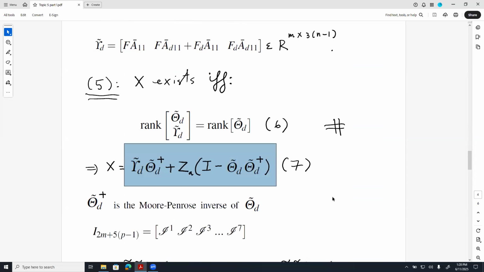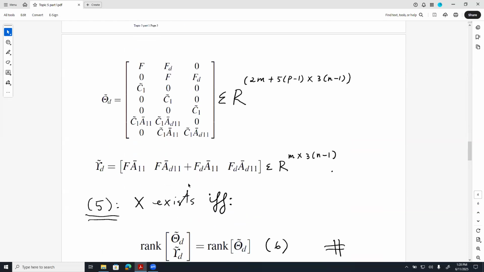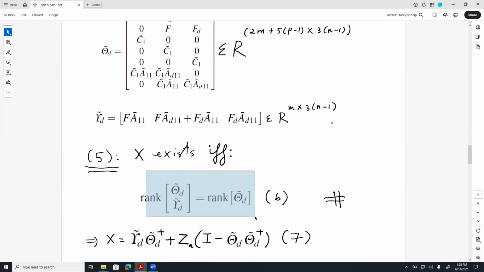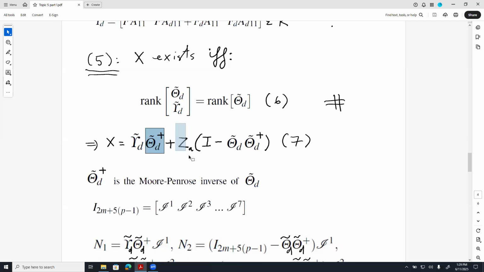You find this very commonly in works on functional observers. When solving this matrix equation, if the condition is satisfied, which is this one here, the if and only if condition, then the solution is given by the generalized inverse of this matrix, called the Moore-Penrose inverse. In other words, when we take its inverse and multiply, it should give us an identity matrix. And it's also in terms of another general expression.